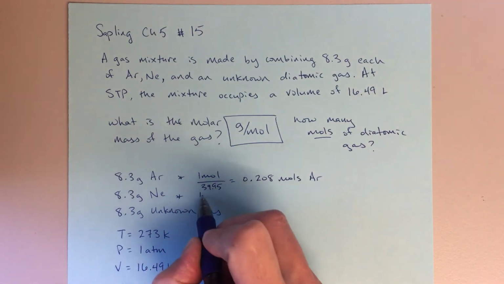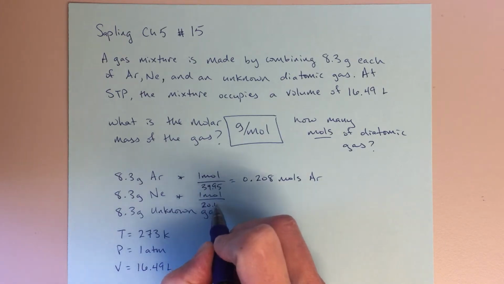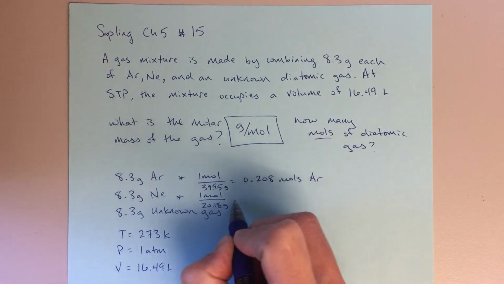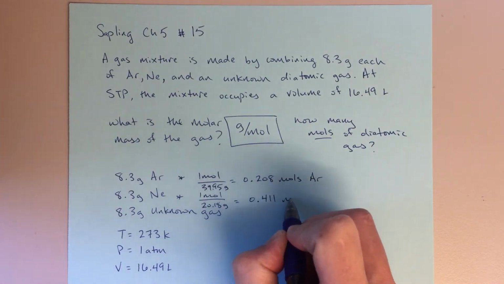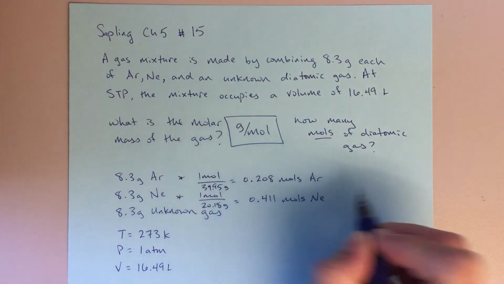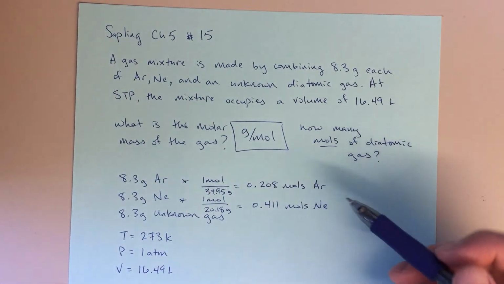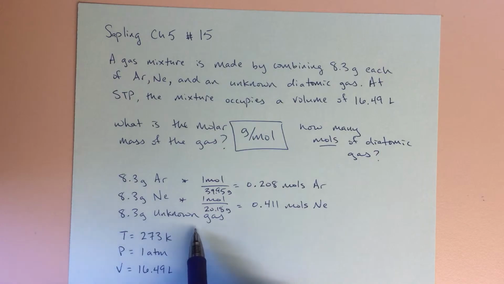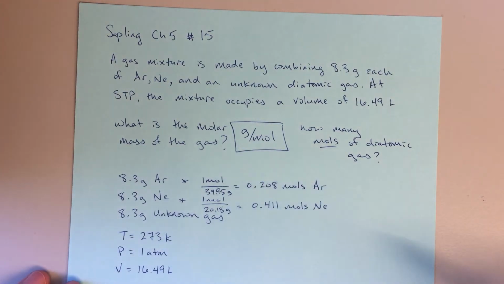For neon, I can do the same thing, 1 mole over 20.18 grams. And that's going to give me 0.411 moles of neon. So right away, I know the number of moles of argon, I know the number of moles of neon. I do not know the number of moles of my unknown gas because I don't know what the molecular mass is, right? That's what we're looking for.